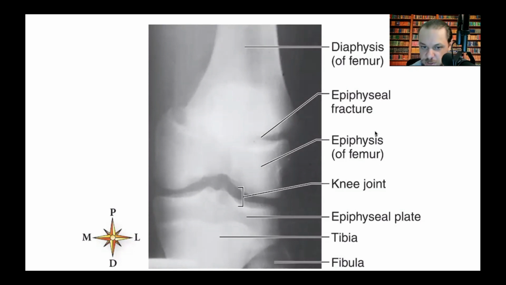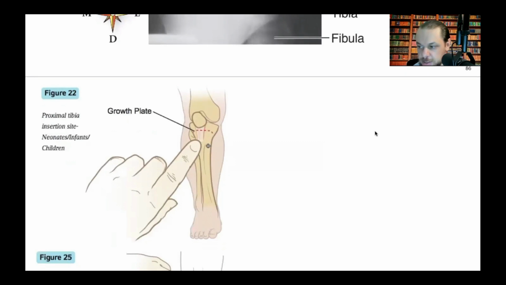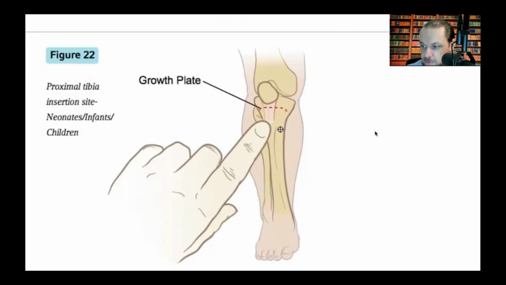So the tips of the long bones have these plates, both here and here. You see one here, and here you see the fracture. The growth plate is all the way towards the top of the proximal tibia, and here is where you want to be. Why? Because that bone will be more calcified, or more mature, as opposed to the bone here that's still being formed.